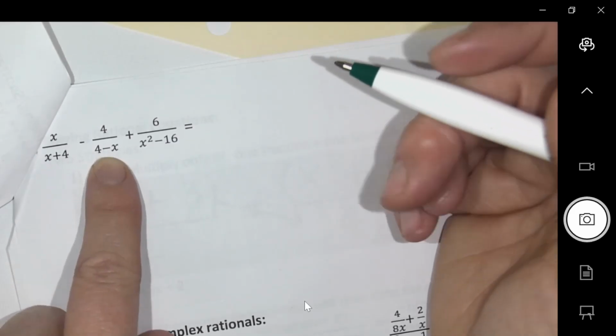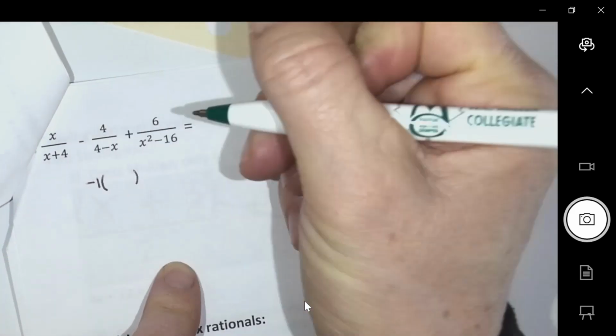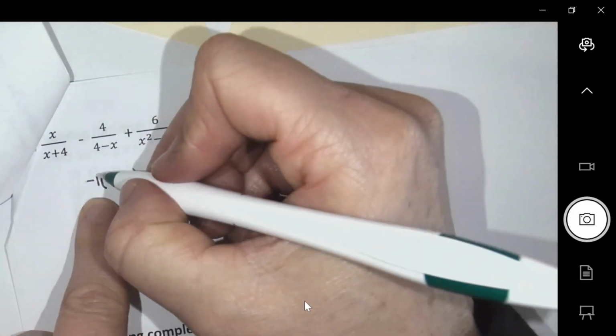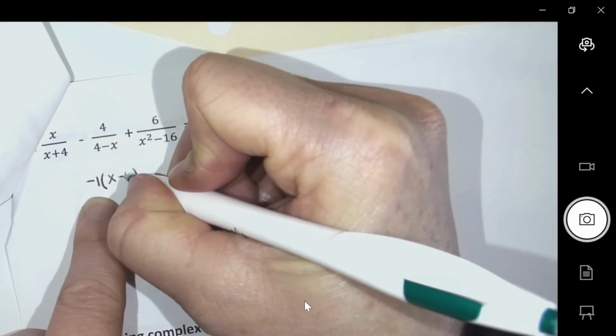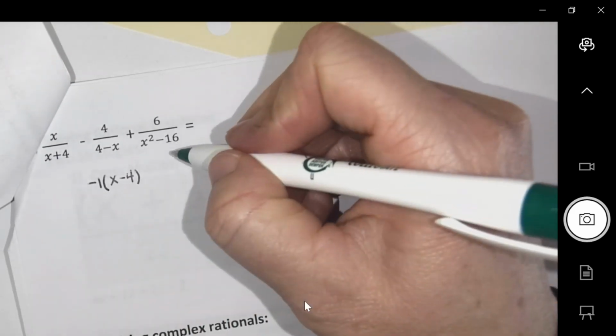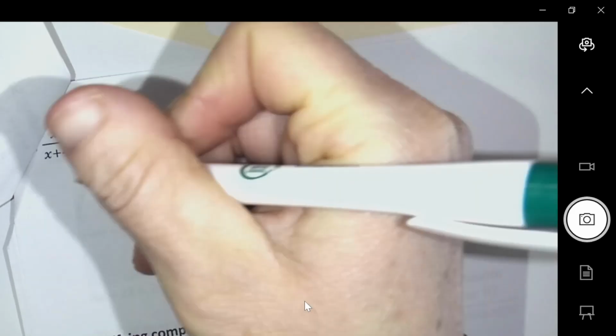Negative out. So -1 is out of that. So now the x is plus, and the number is a -4. Okay, those negative out ones are the ones that people forget about. Okay, this is going to need some factoring. Difference of squares. I would do x plus 4, right?